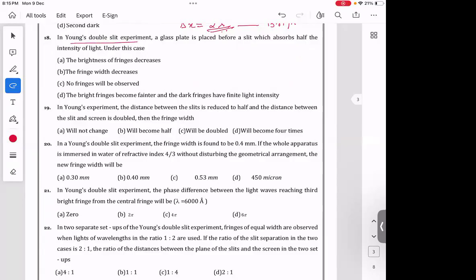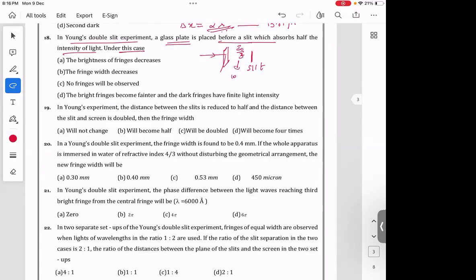In Young's double slit experiment, a glass plate is placed before the slit, which absorbs some of the intensity of light. See here, the glass plate is placed before the slit. If I send in light of some intensity, the plate absorbs some of it, so we are incident on the slit with less intensity only, let us say I0 by 2 or I0 by 3.